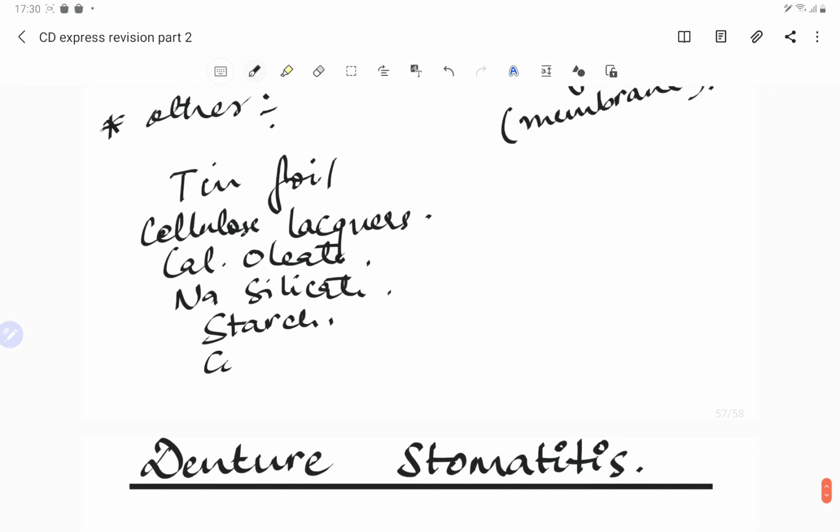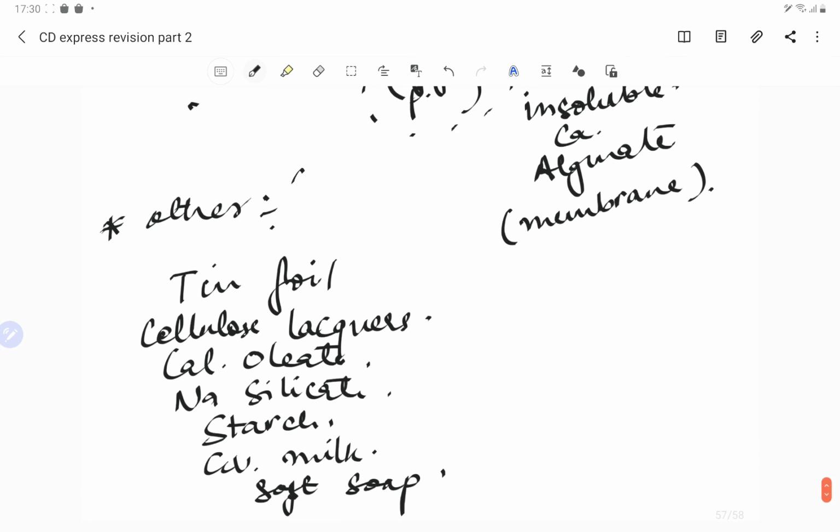Then we also use evaporated milk and also soft soap. So, these are the other materials which can be used as the separating media.